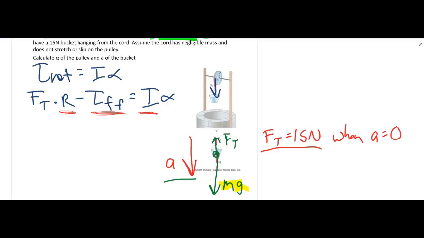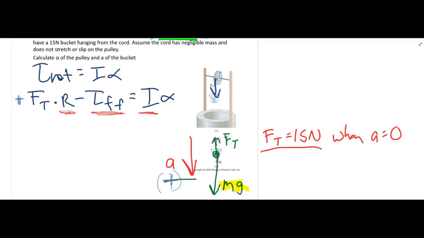So what we're going to do is come up with an F net statement. I'll show you more later, but you really need to make whichever direction the object accelerates positive. I know the bucket is going to accelerate downwards, so I'm going to make that positive. That matches up with tension creating a counterclockwise torque, so that's why we said tension is positive.